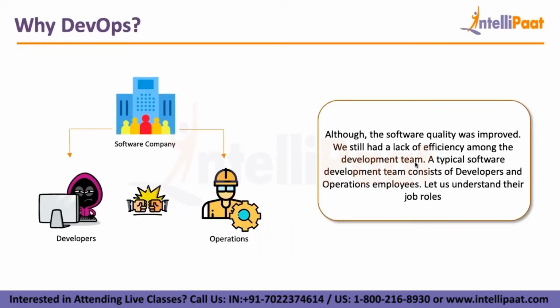The people who develop software can easily be divided into two teams: developers and testers on one side, and the operations team on the other. They are the people who make your code available on the servers from where the application will be hosted. Now the problem was that these developers, testers, and operations people had a problem with each other with respect to their work. Let's go ahead and understand what that problem was.